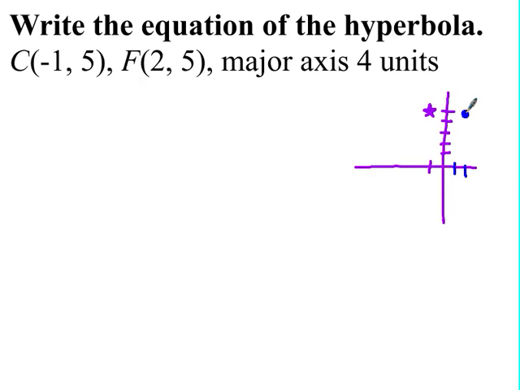What direction, based on that information, is this going to open? Yes, side to side, so left, right. So I know that what comes first? X. Okay, so I'm going to start with the X. Can somebody tell me how I'm going to write that?